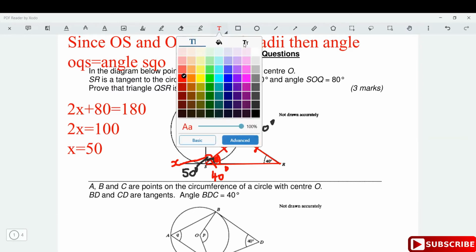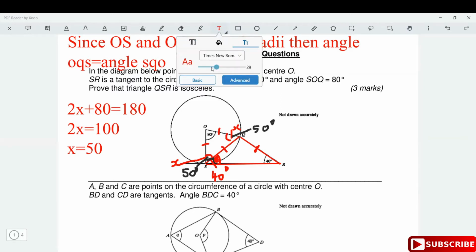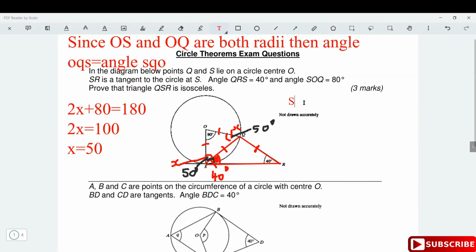let's put it in a smaller font. You tell them since angle QSR is equal to angle QRS, which is equal to 40 degrees.